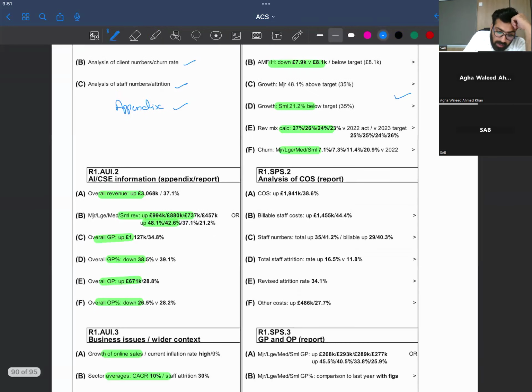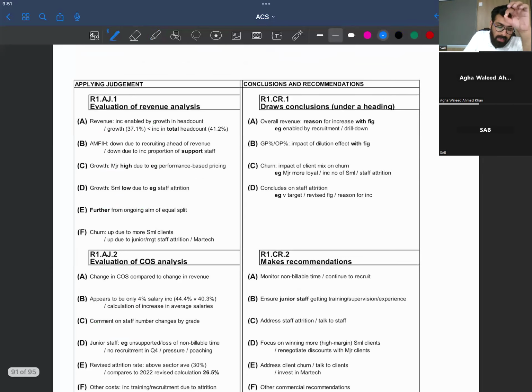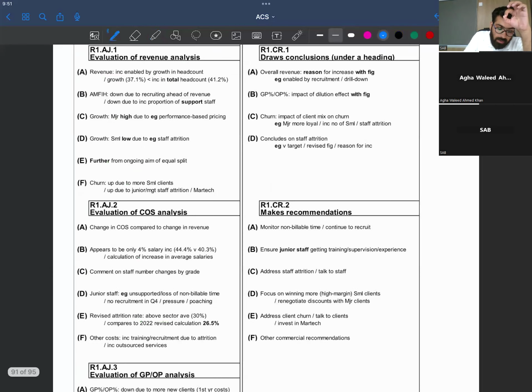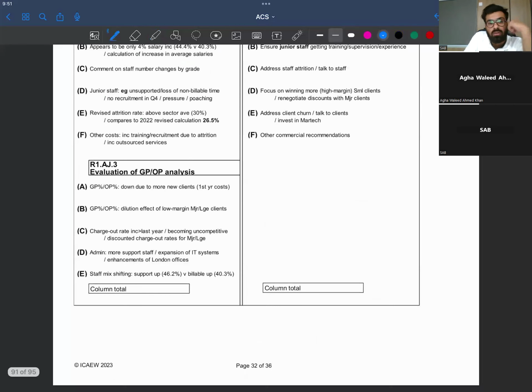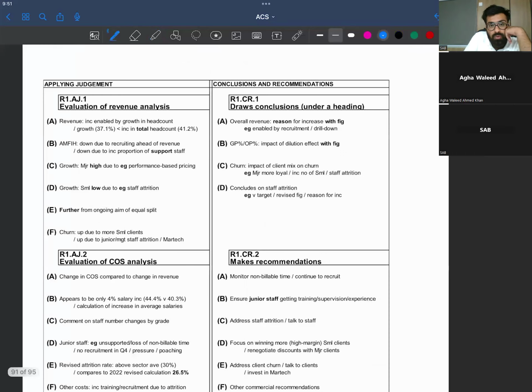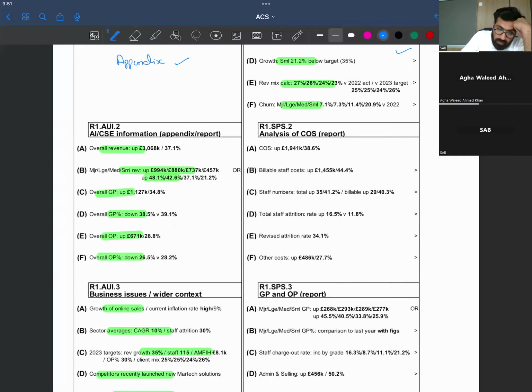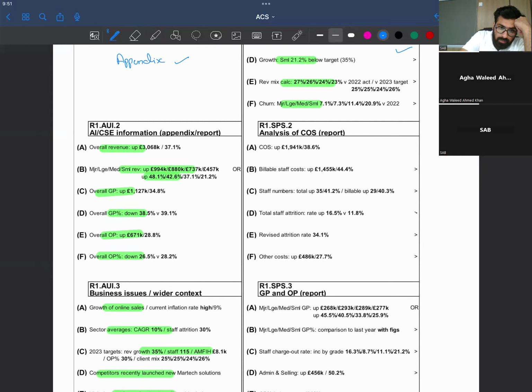So similarly, for every requirement, guys, you have to make sure that you are ticking these boxes. These boxes are not going to be mentioned in front of you guys. It's your thought process.